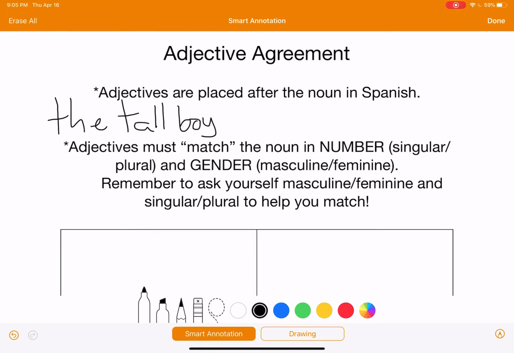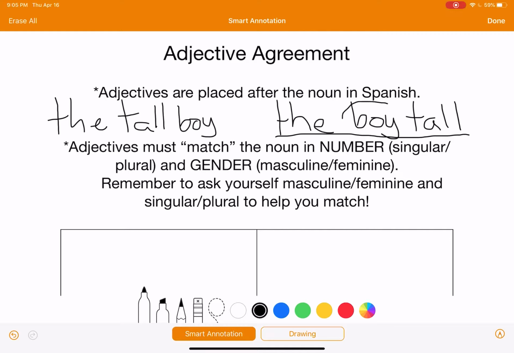Instead, we have to kind of flip things around, and instead we say the boy tall. So all of your sentences in Spanish, when you are describing something, have to follow this order right here. You have your noun right here that you're describing, and then your adjective.